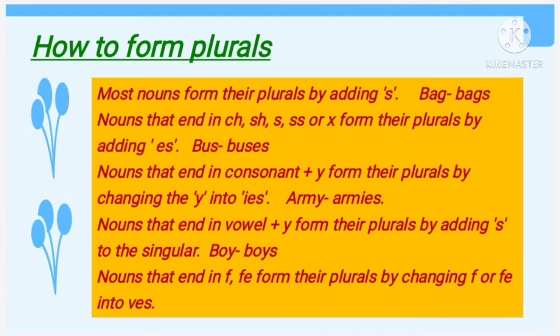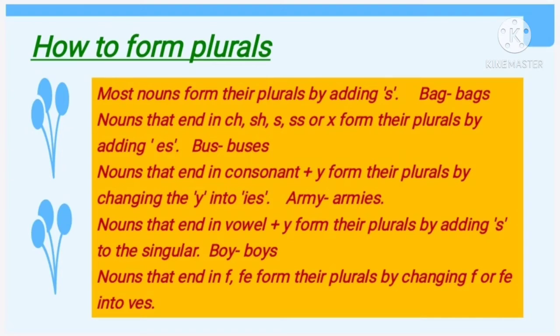Nouns that end in vowel plus y form their plurals by adding s to the singular, like boy, boys. So here you can see before y a vowel letter is there. So we will not remove y, we will add only s to make it plural. So boy, boys.